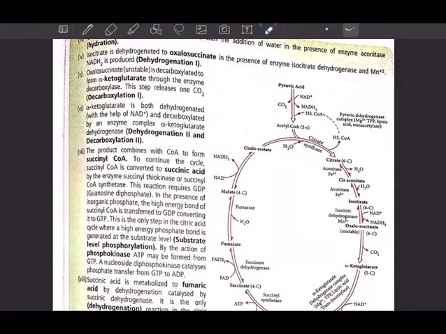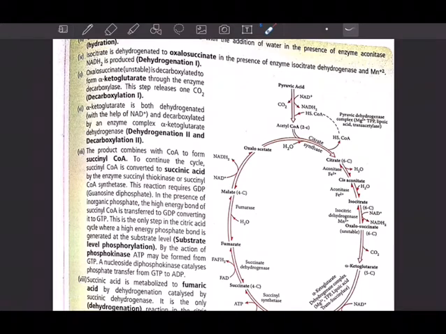And now isocitrate is dehydrogenated to oxalosuccinate. Now oxalosuccinate is formed in the presence of an enzyme called isocitrate dehydrogenase and Mn2+. And this is a very important step for us because the energy rich compound NADH2 is produced.